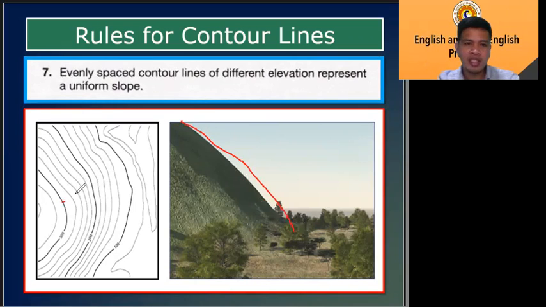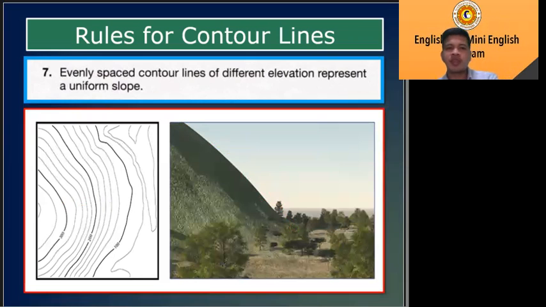The spacing here is wide, and then closely spaced at the bottom, like this one here. It's the opposite of a concave slope, right? So these are the 4 kinds of slope that you can see on a topographic map.